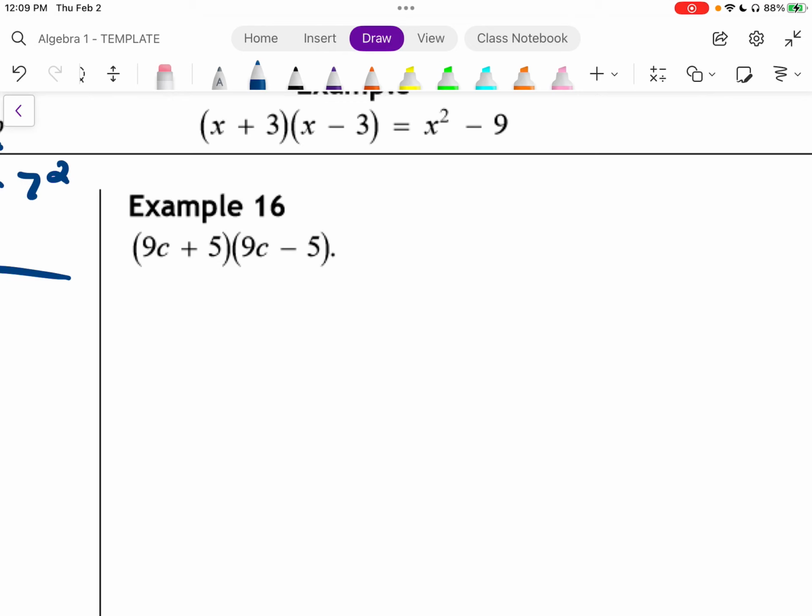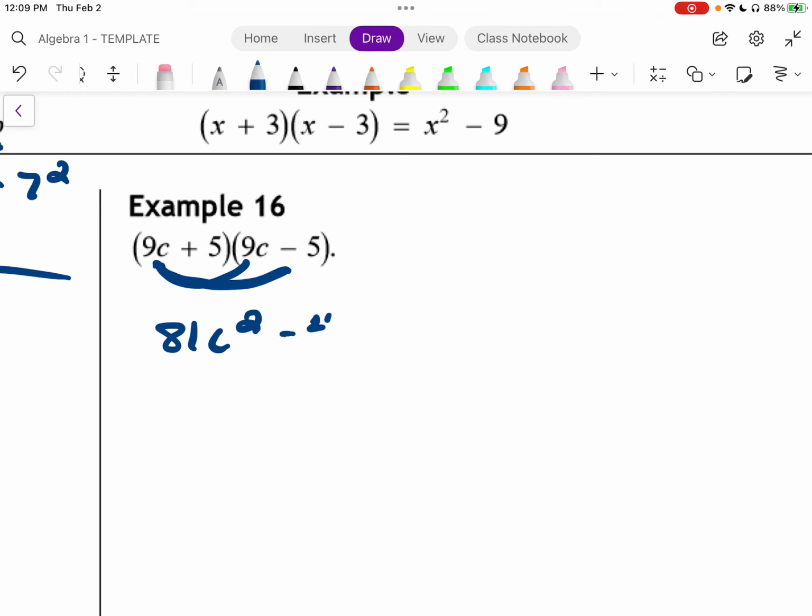This one again is a conjugate, right? We got 9c plus 5 and 9c minus 5. So again, we should recognize that, and we should say, well, later on in the problem, something should cancel out. So 9c and 9c is 81c squared.